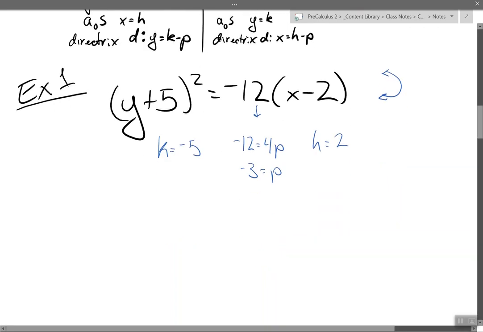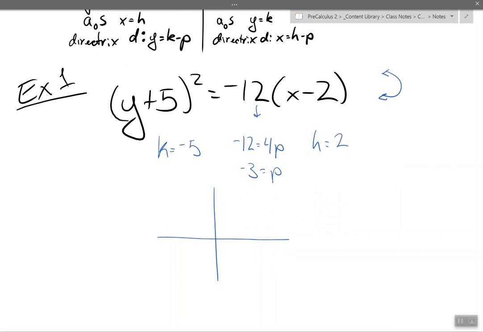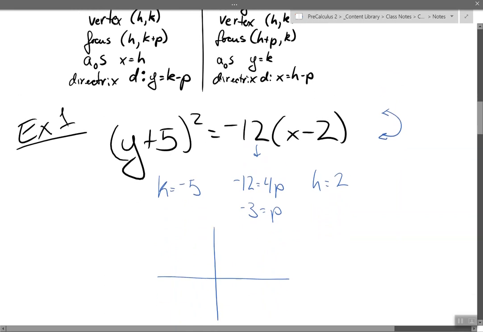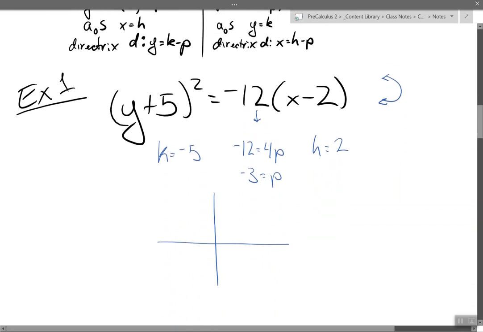So the first thing we should do is, once we make our xy coordinate plane, plot the vertex. That's the most important point. That's kind of the center of everything, and the h is the x coordinate and k is the y coordinate. So the vertex, you can write that out, it's helpful, is 2, negative 5.